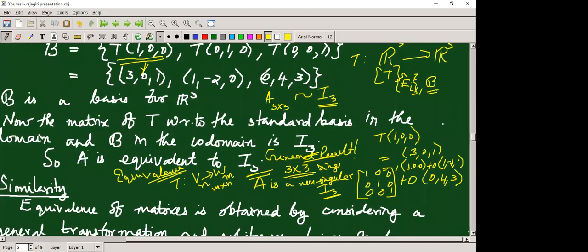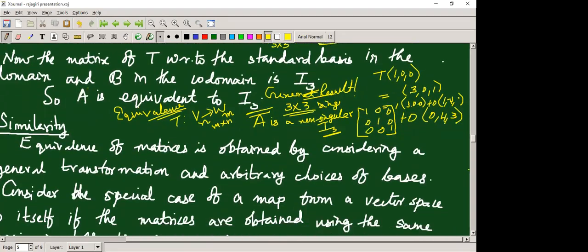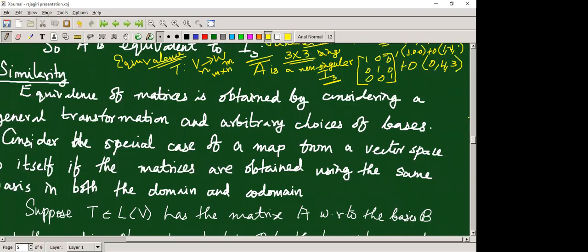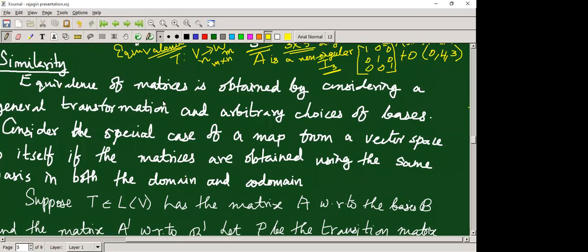Next, we are considering a particular subcase of the equivalence relation, and that is similarity. Equivalence of matrices is obtained by considering a general transformation and arbitrary choice of bases. What is the meaning of this?